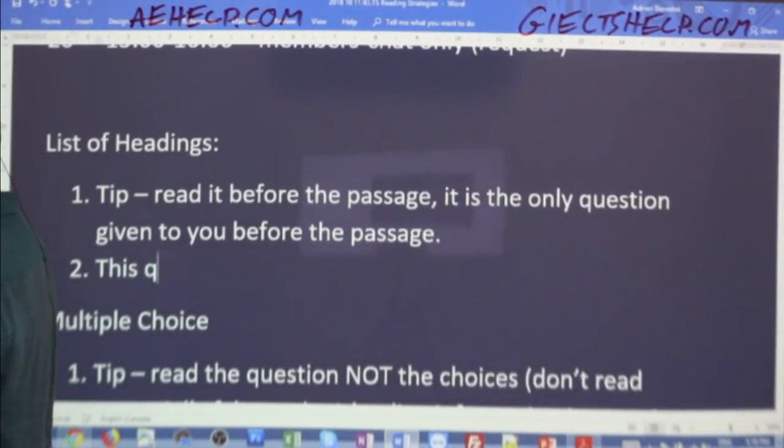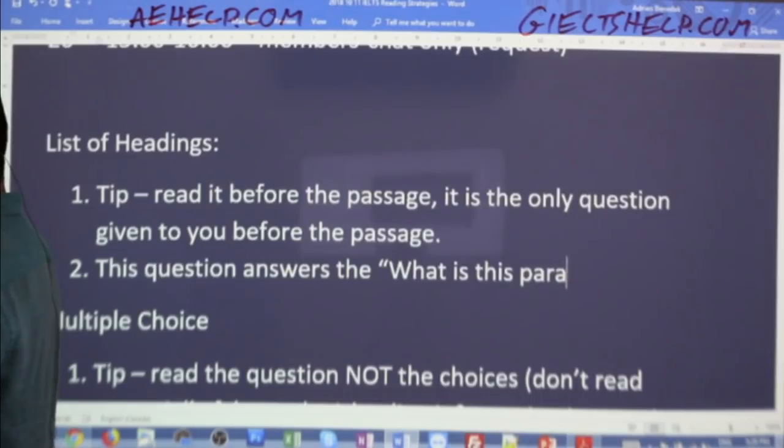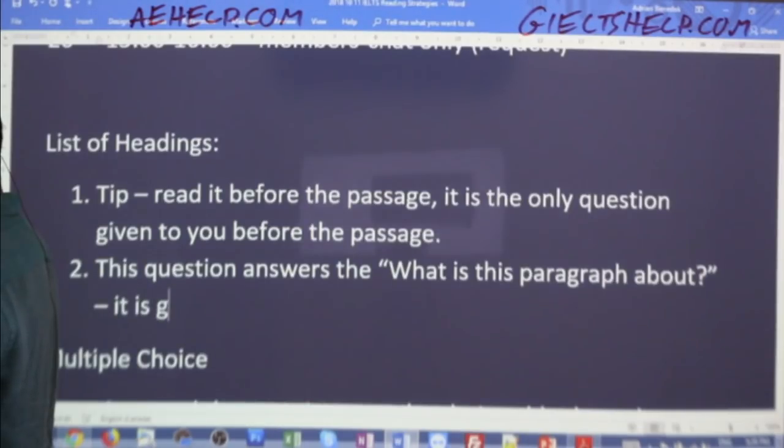This question answers the what is this paragraph about? Okay, it is usually the topic sentence.